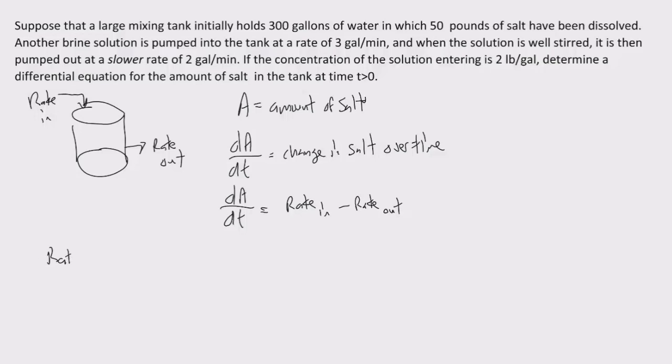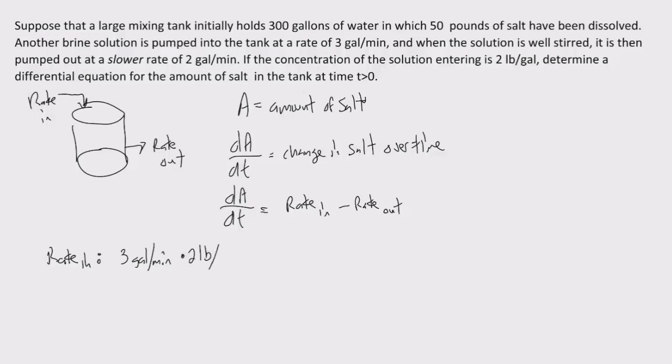So the rate going in. Well, what do we know? We know that this brine solution is coming in at 3 gallons per minute, and we know that the concentration of solution entering is 2 pounds per gallon.